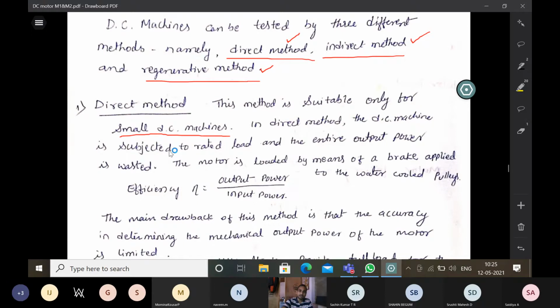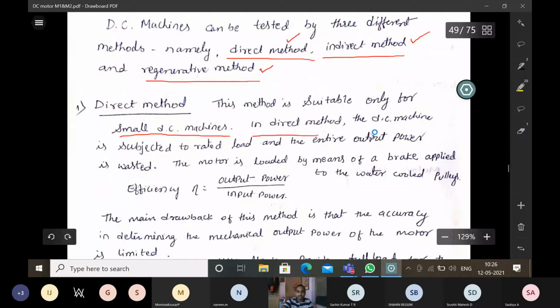If you conduct the same thing for large motors, like a 50 HP motor or 100 HP motor, the motor size is bigger and obviously the losses are heavier. Unnecessary wastage of power happens during the direct method, without any application, just for testing purposes. So that's why the direct method is not suitable for large DC machines.